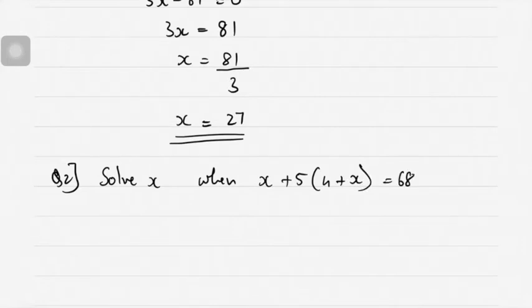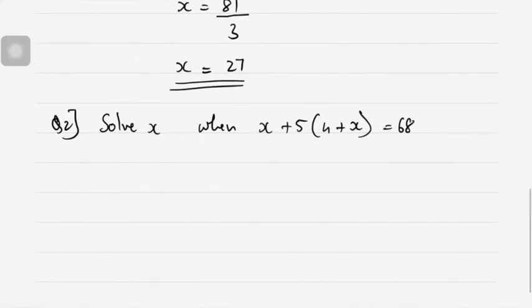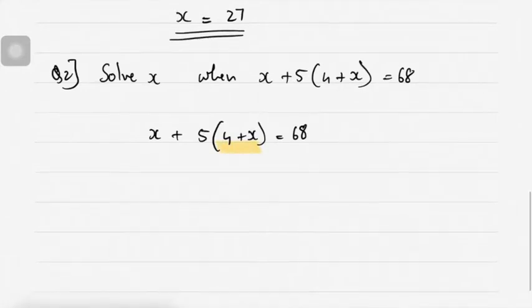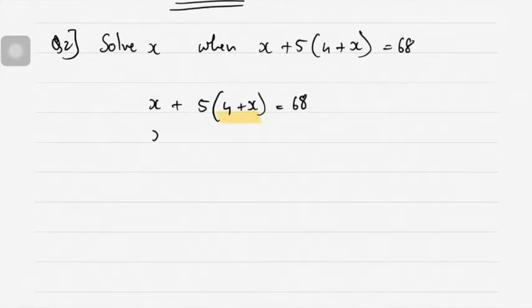You have to find the value of x. So what you will do? Open the bracket first. Open this bracket first. Okay. So x plus 5 into 4 is 20 plus 5x is equal to 68.